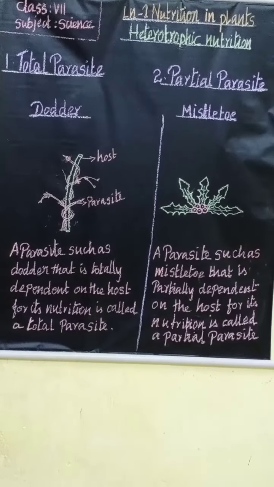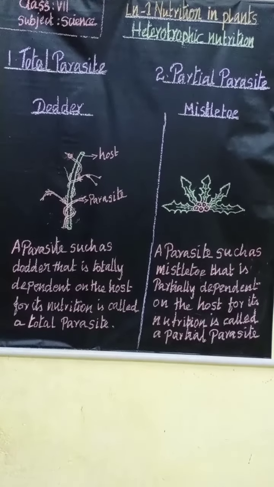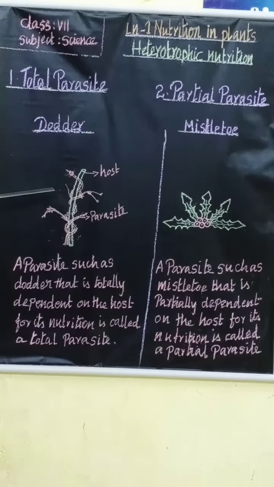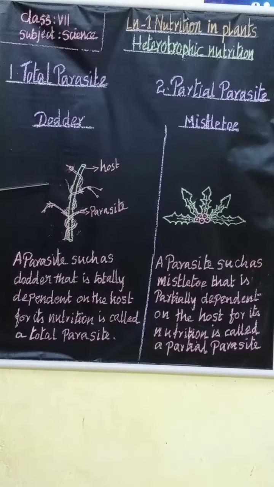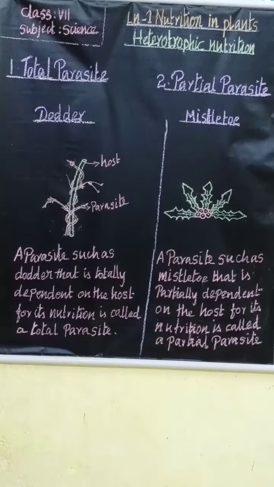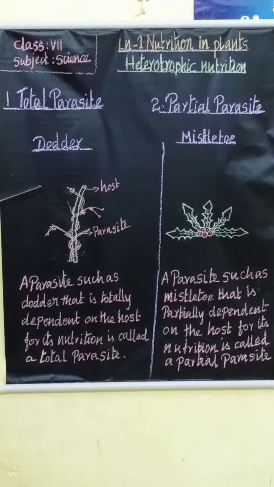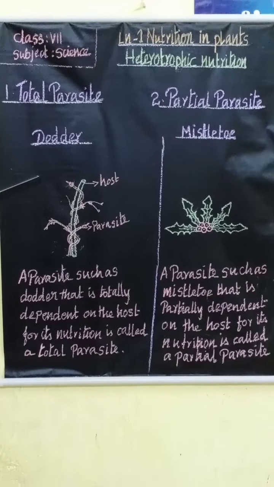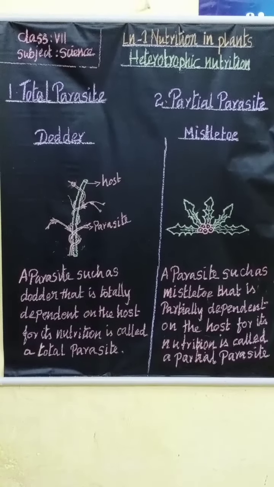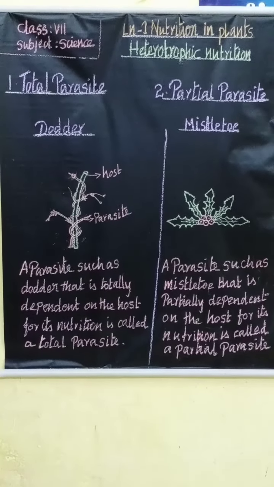Dodder is used to treat the urinary tract, and also in cancer treatment, and also as a painkiller and for depression. This dodder is used for human beings in many ways of their treatment.